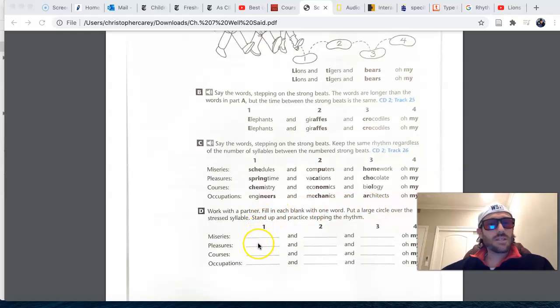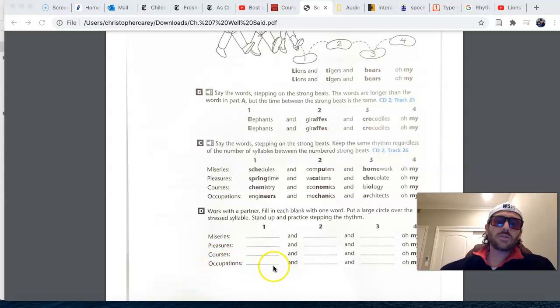And then what are some example pleasures, things you enjoy? Shower, bath, read, some examples of things you enjoy to do. Courses, maybe subjects that you're looking at taking. If you're an academic ESL, right, continuing beyond our ESL program to study other courses, nursing, computer science, what have you.